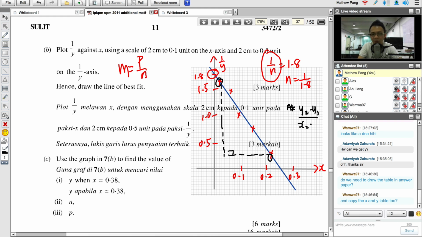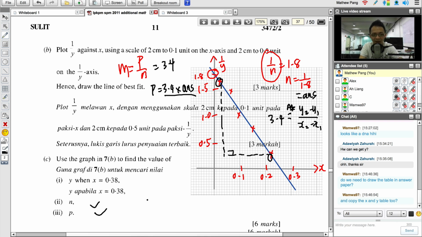Let's say at the end the answer you get is 3.4. So the whole thing equals 3.4, and you already have your n value. So P equals 3.4 multiplied by n, the answer I got just now. Then you can get the value of P, because the question will surely ask you to find P and n.